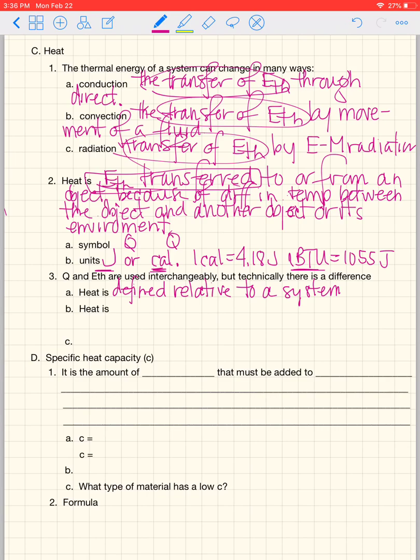Heat is also energy transferred, thermal energy transferred, and if I am talking about it relative to a system, it's going to be transferred between the system and the environment.